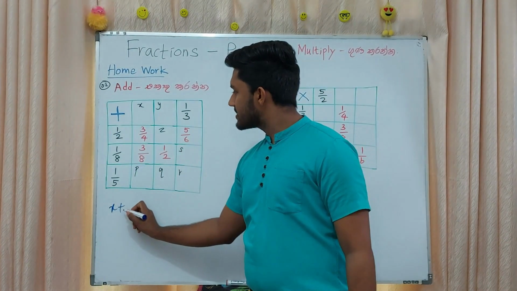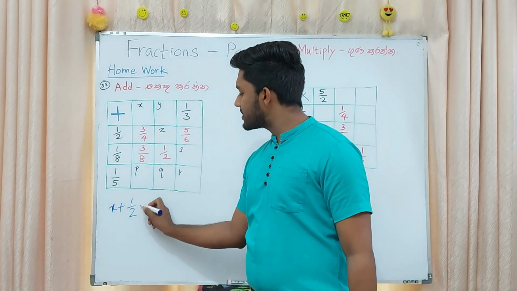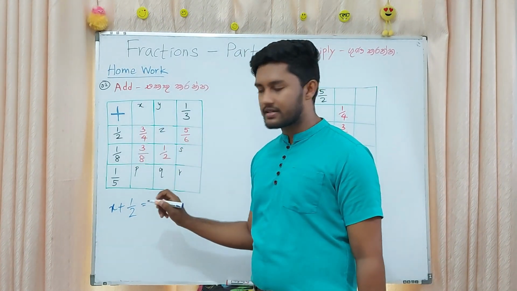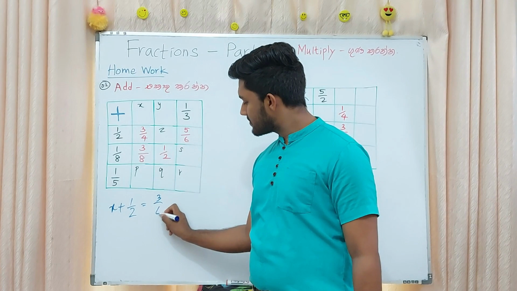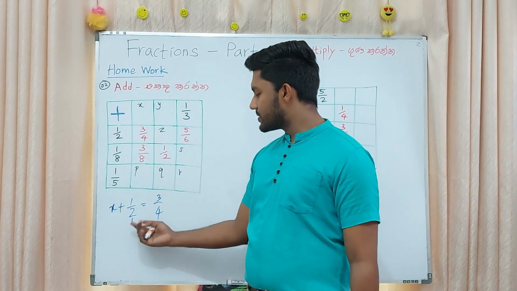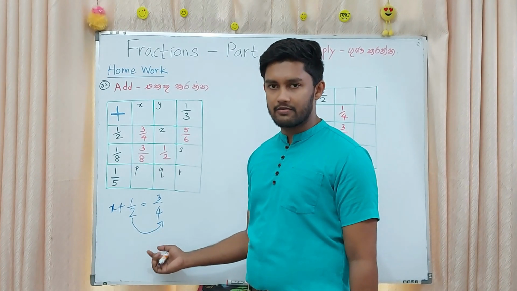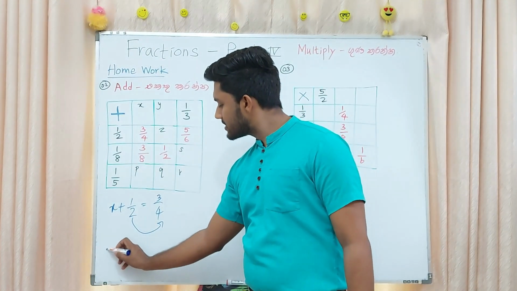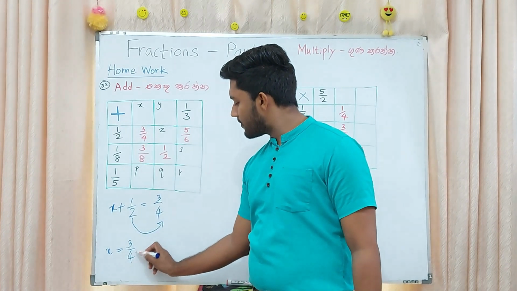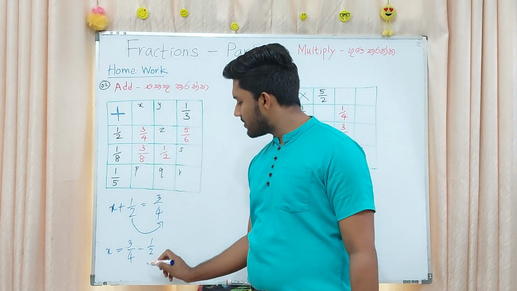x plus 1 over 2 equals 3 over 4. Then we can move this 1 over 2 to the other side and find the value of x. x equals 3 over 4 minus 1 over 2.